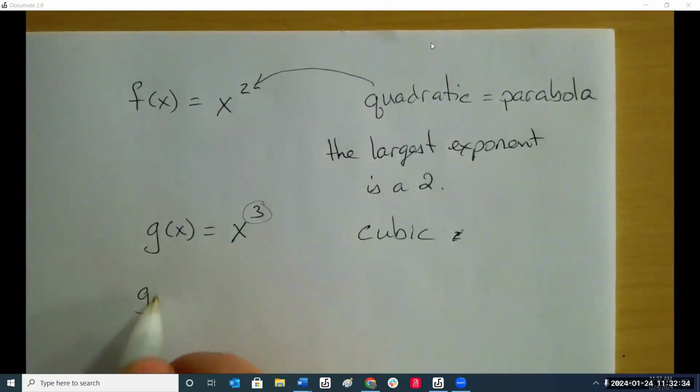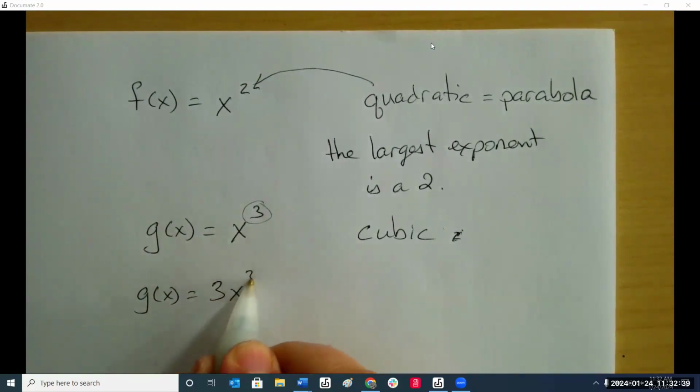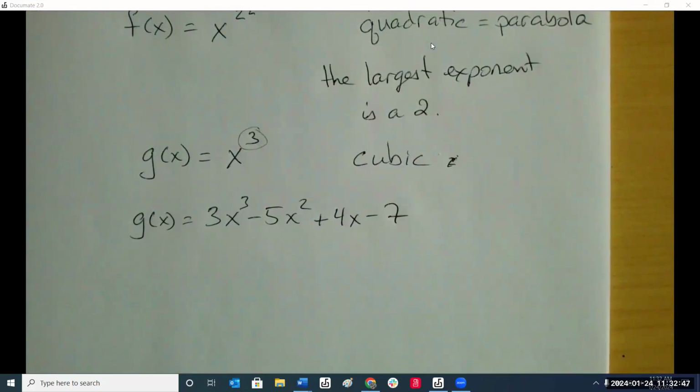So in a cubic equation, that's an example of a cubic equation. I want to get you to a point where just by looking at the equation, you can tell me what the graph's going to look like. We'll talk about it in a little bit. And we're going to talk about the graphs of these in a second.